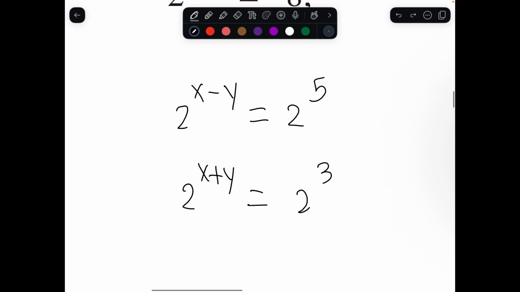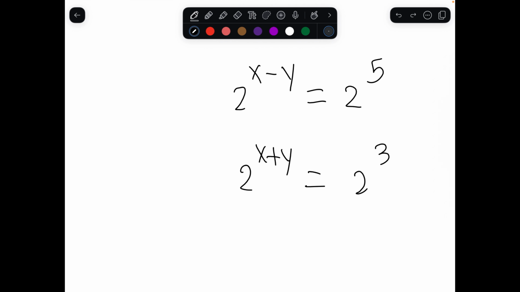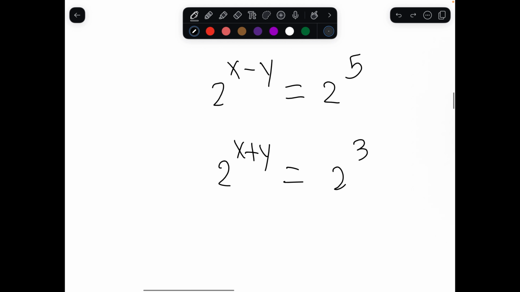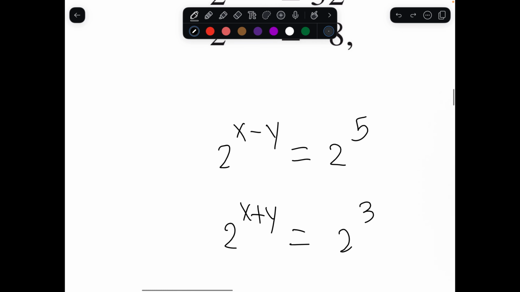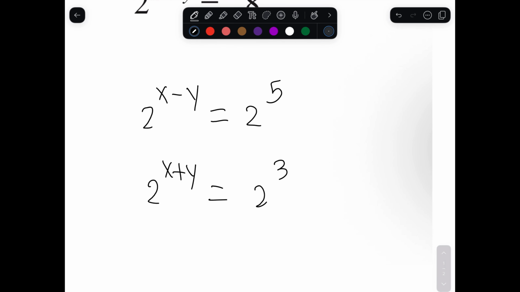Because 2 raised to the power of x plus y can only equal 2 to the third if x plus y equals 3. And same logic here, 2 raised to the power of x minus y can only equal 2 to the fifth if x minus y is 5. So x minus y equals 5, and x plus y equals 3.